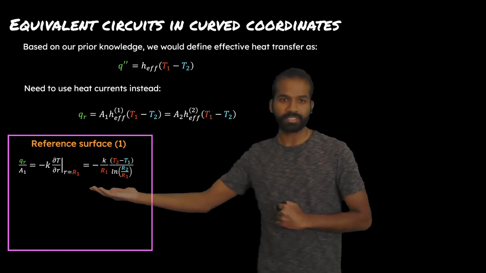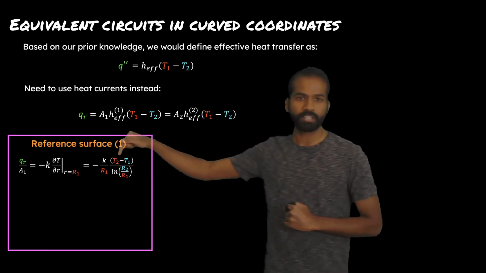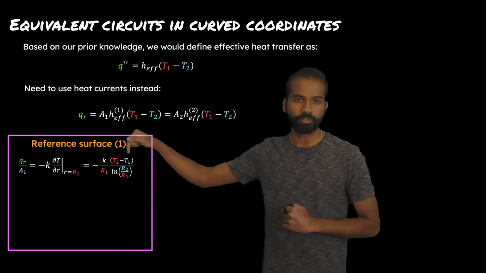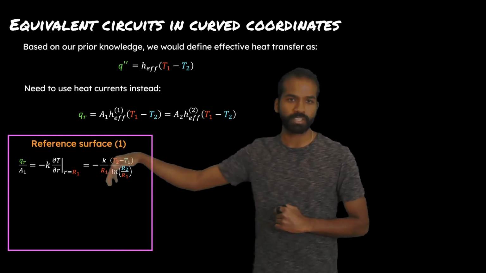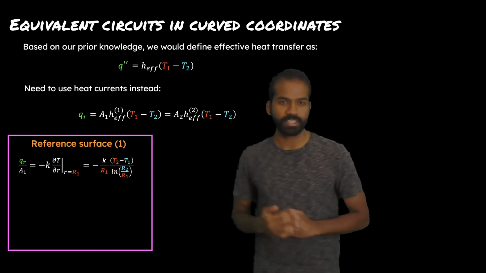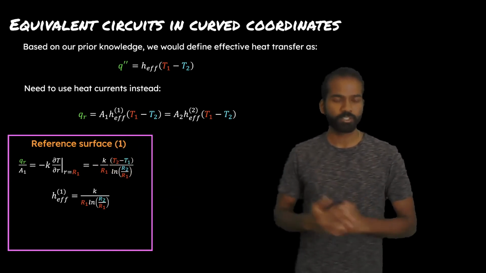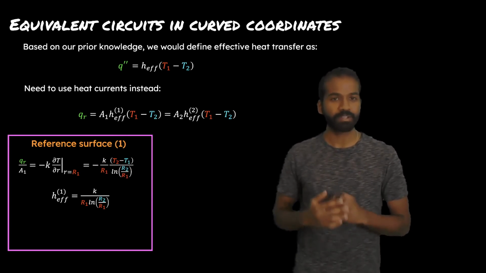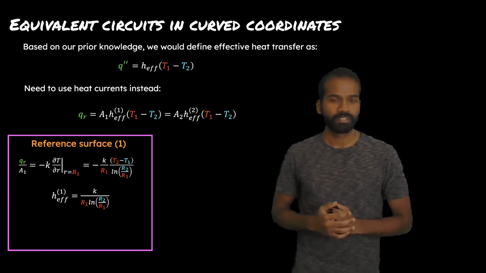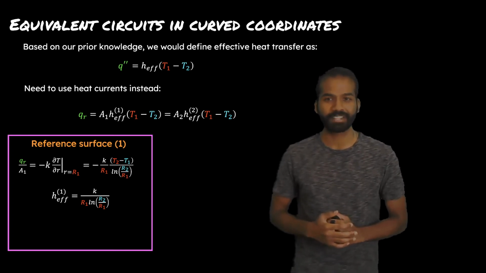And by looking at this, if we separate out this contribution from the temperature difference, we then have a thermal conductivity and a few other quantities based on length scales in the denominator, which together contribute to the effective heat transfer coefficient defined at radius 1. So we have then that the effective heat transfer coefficient at radius 1 equals k divided by this quantity of r sub 1 times the natural log of r sub 2 divided by r sub 1.